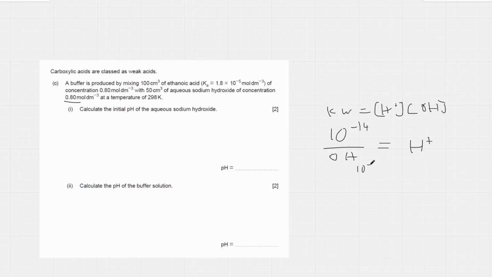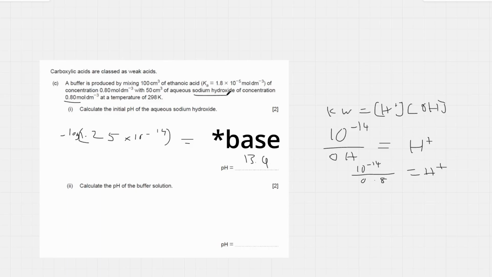So 10 to the minus 14 over 0.8 equals H plus. So we get 1.25 times 10 to the minus 14, which is the concentration of H plus. We can just do minus log of this answer, and this will give us the pH. pH comes out as 13.9, which looks correct for a strong base like sodium hydroxide.